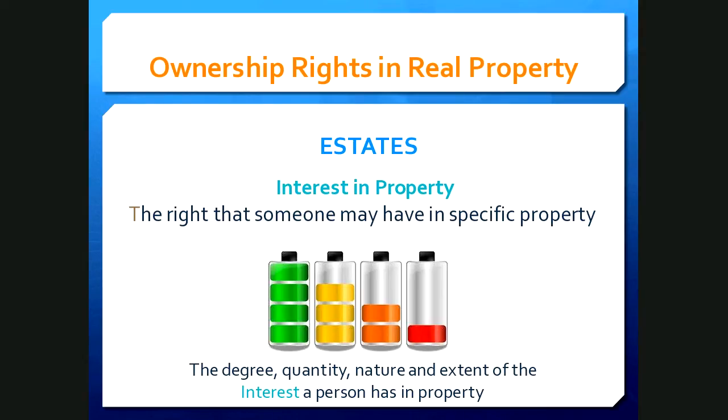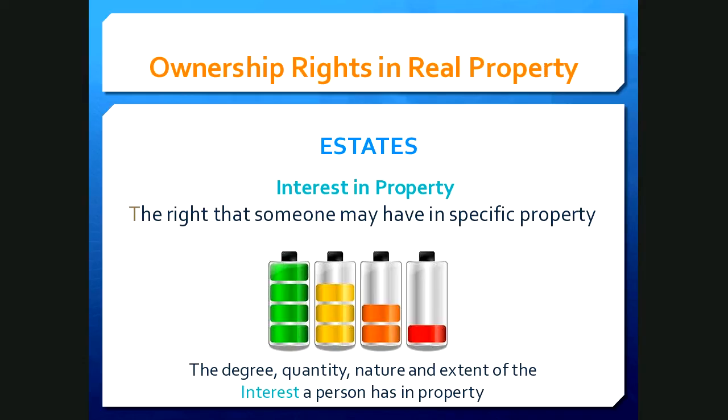So when we looked at the bundle of rights, we saw that you can have each individual right, a right of disposition, a right of possession, a right of use and enjoyment. Well, each one of those rights is an interest, and multiple people can share those rights, and some can be held exclusively by one person and not the others.